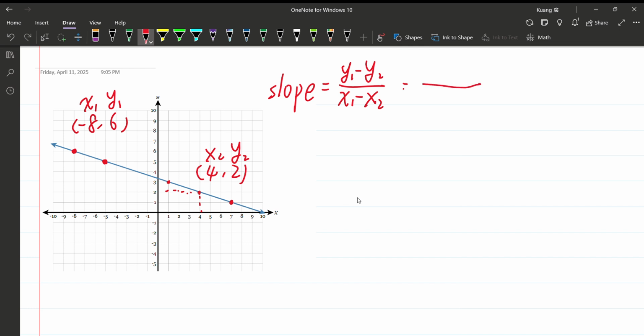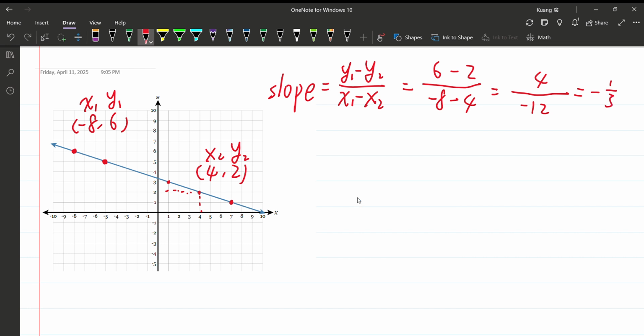Y1, that is 6, and then y2 is 2, and x1 is -8 minus x2 is 4. So that would be 6 minus 2 is 4. -8 minus 4 is -12. Right? So if you simplify the fraction, it will be -a third.